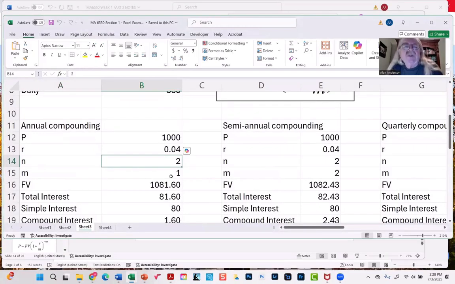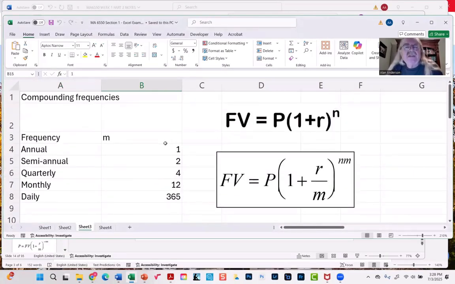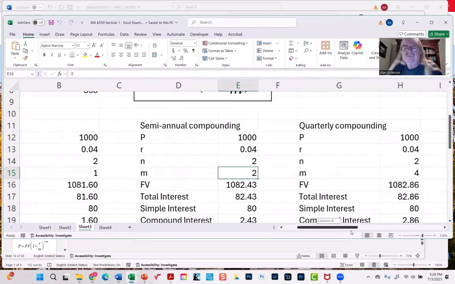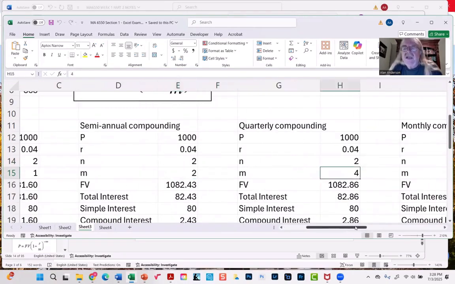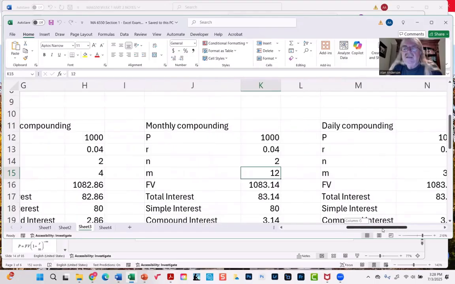No, there's no typo. Sorry. This is a slightly different example because here we're assuming $1,000, 4%, but it's 2 years. Okay. So M is here. This is the compounding frequency. So they're labeled annual, semi-annual. You can see the M is 2, quarterly, and monthly, and daily.